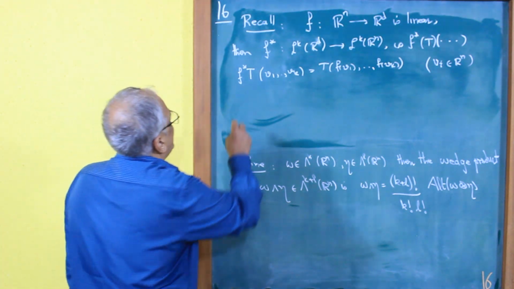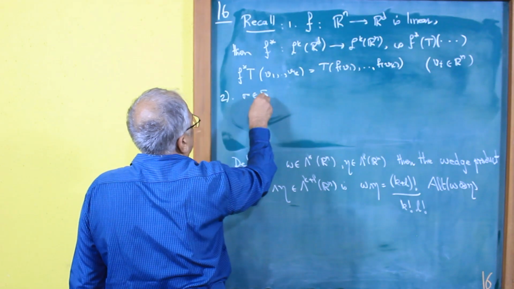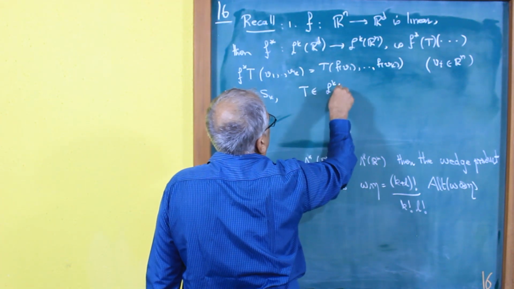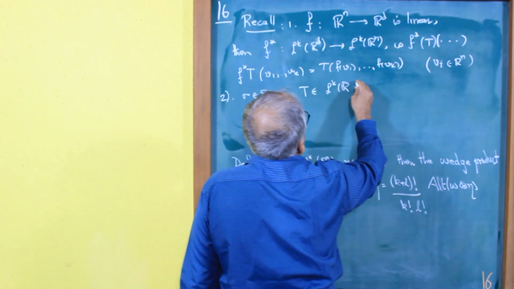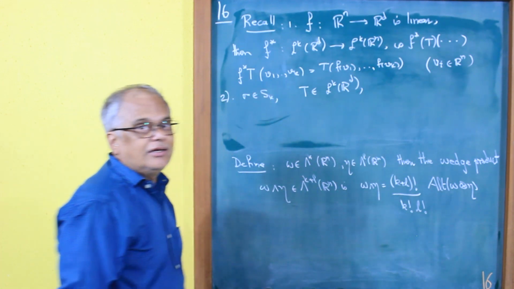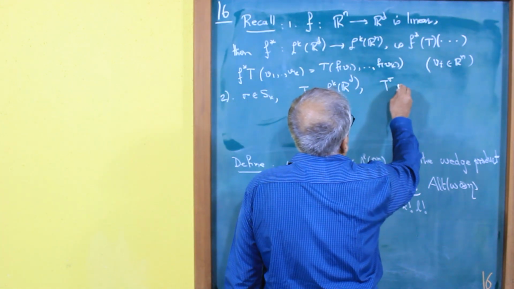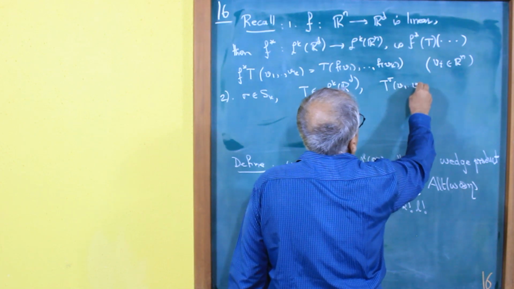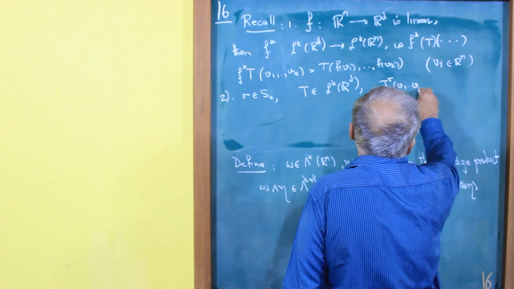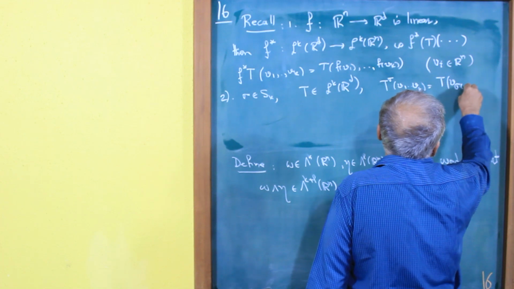Okay. Now you take a T in Lk of Rd, then I had defined T sigma of K to be equal to T of sigma.